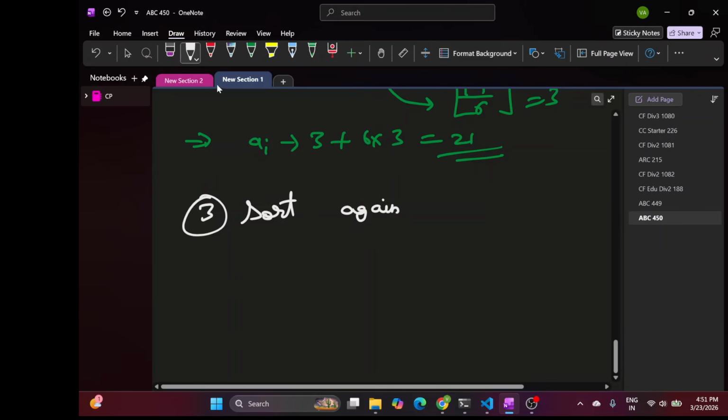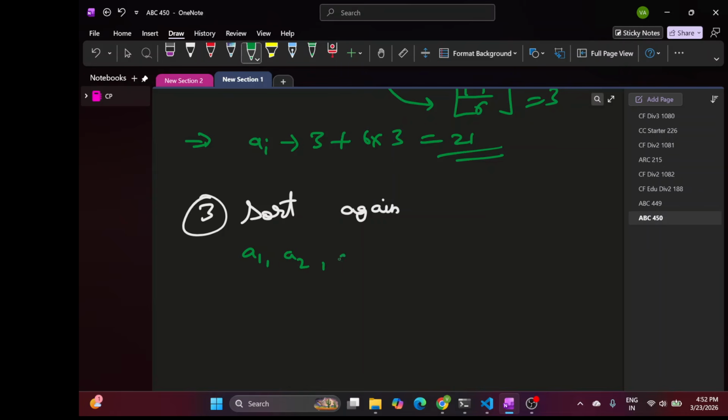So now we have some values like a1, a2, a3, a4, a5, and so on, right? Let's just take 8 values for now. So for this array, what will be the answer?